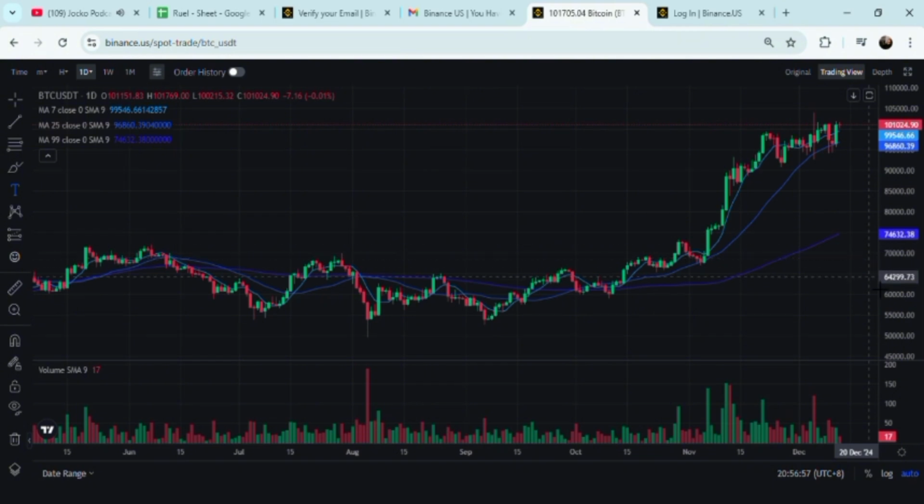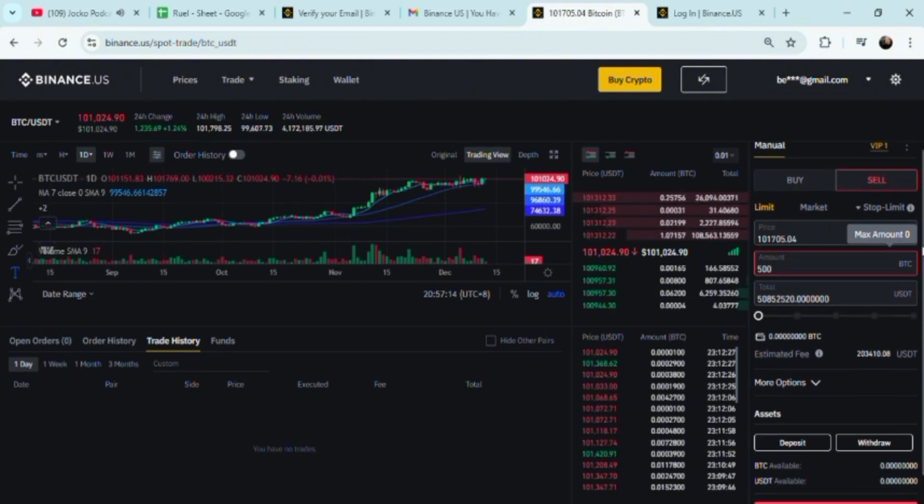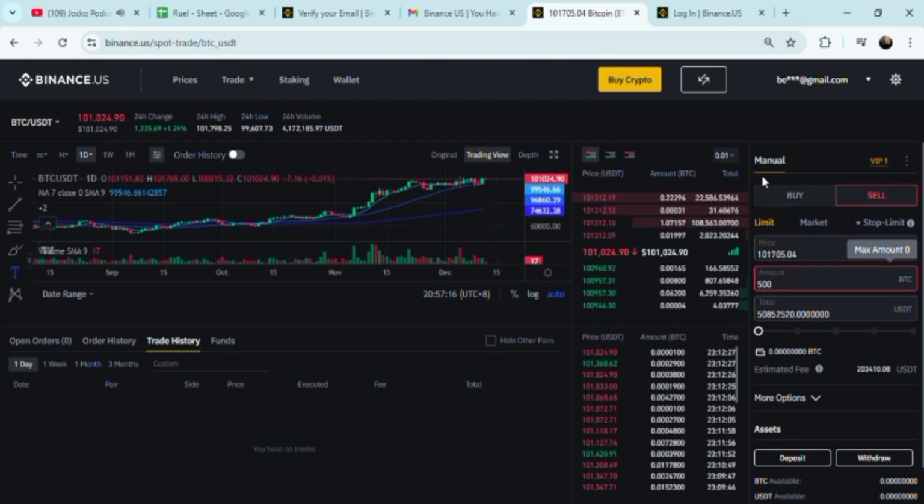So don't chase trades when prices spike. Instead, focus on logical entries and understand that missing one opportunity does not mean the end. You need to be really cautious of what you're actually doing here.